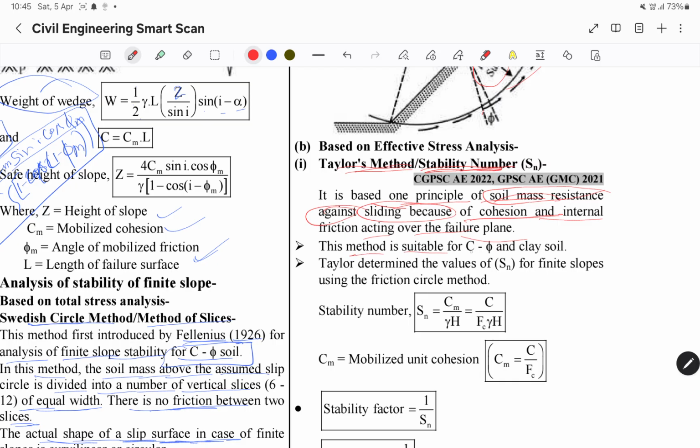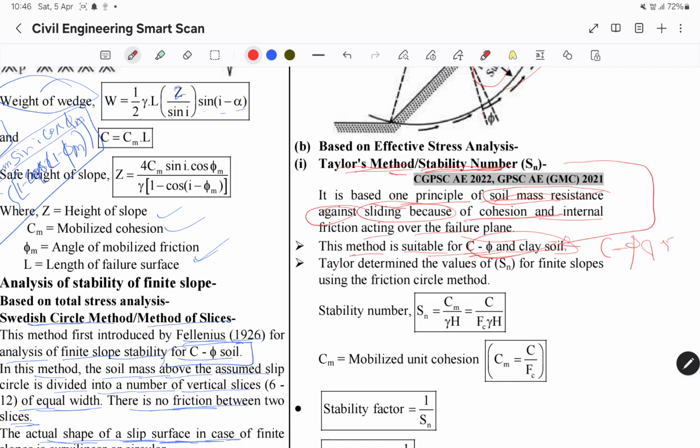This method is suitable for steep slopes and clay soil.